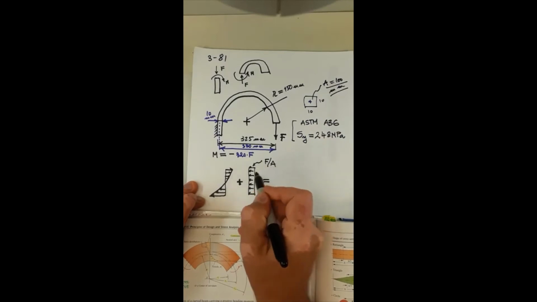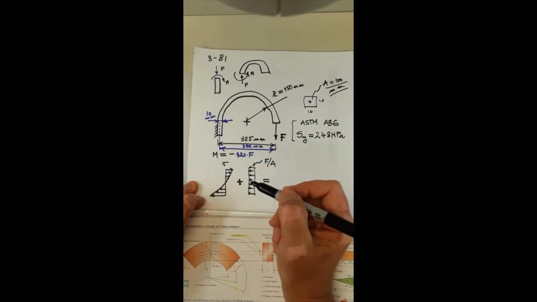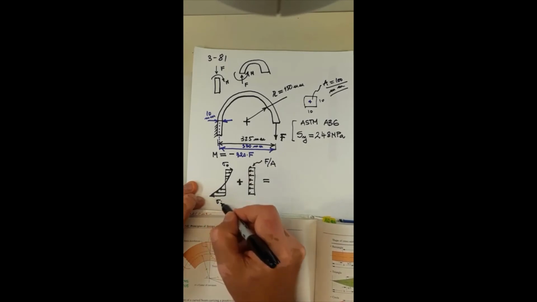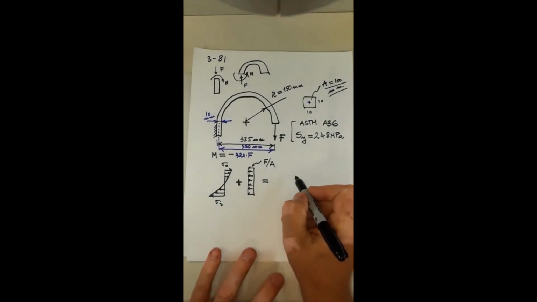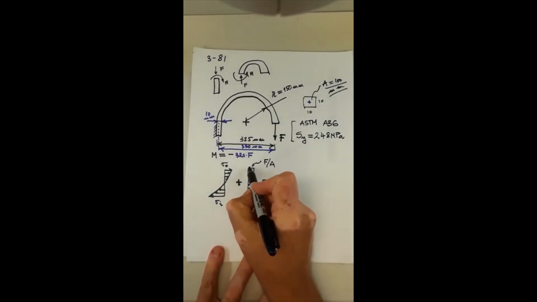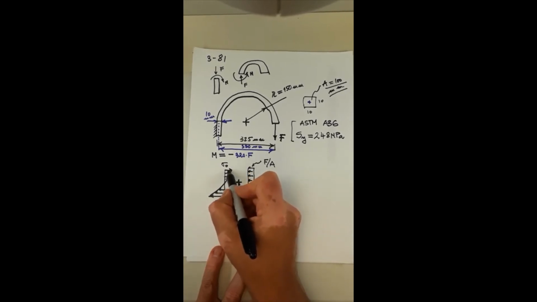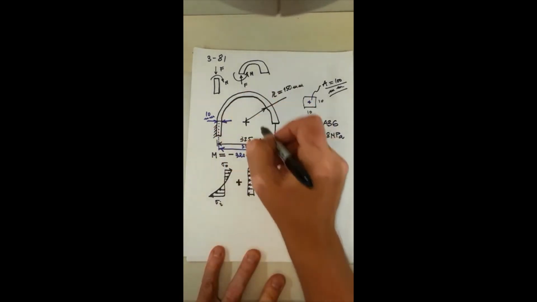So F over A, and then we have sigma on the outside and sigma on the inside. Again, it's not at scale. You'd expect this to be less compared to the bending stress, but because compression works against tension, this amount is removed and diminishes the tension, and on this side it will increase the compression to the inside of the beam.